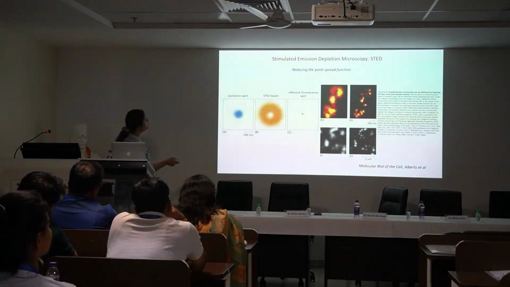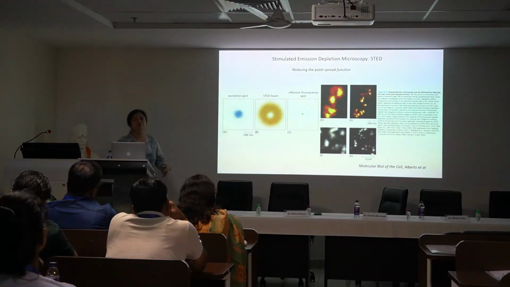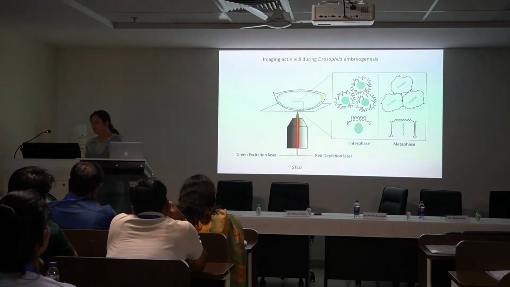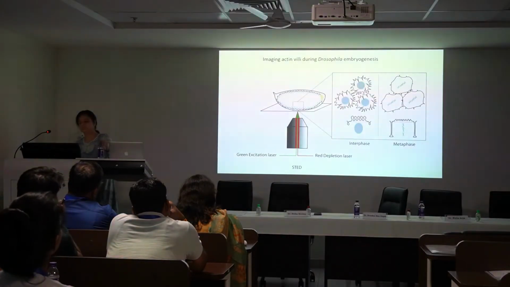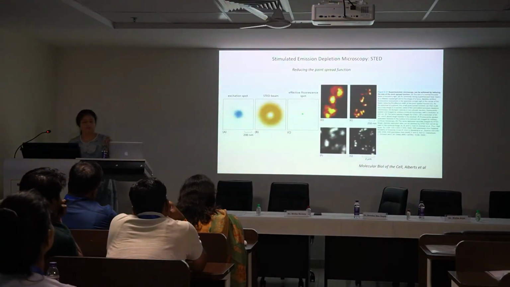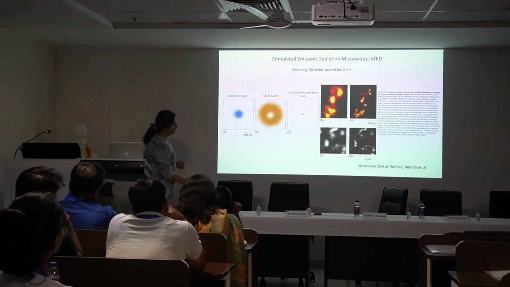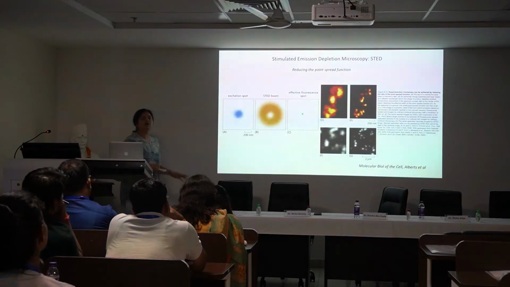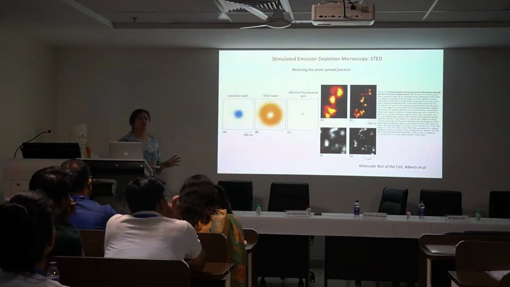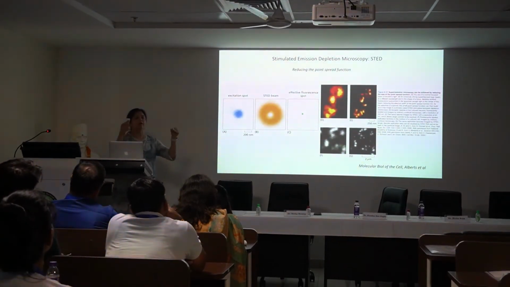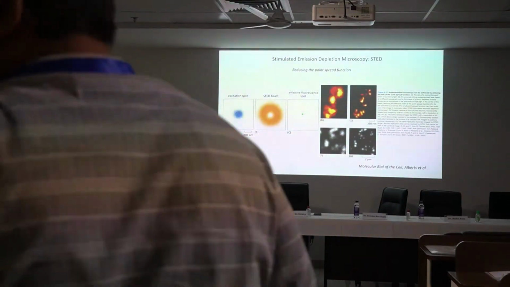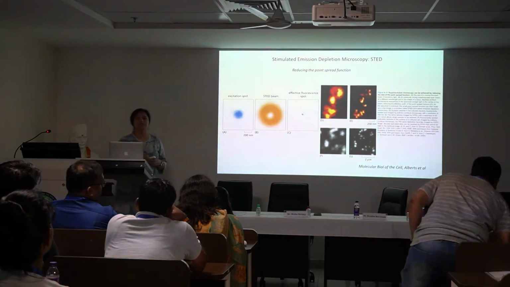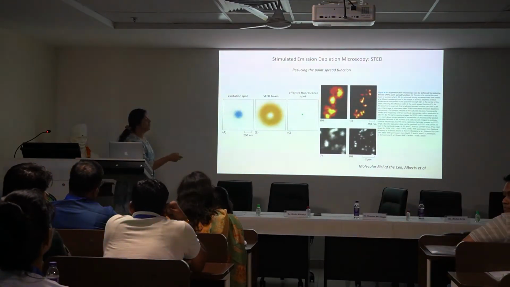And then we use a second beam, for example the 592 nanometer beam, which converts all the molecules on the side into a dark state. Because all the molecules around the central zone are in a dark state, we can precisely localize the center. This is a donut beam.